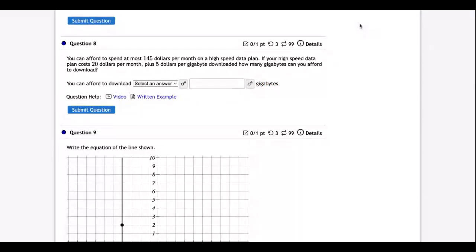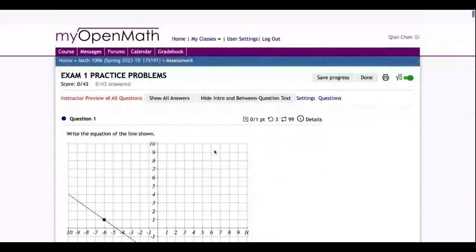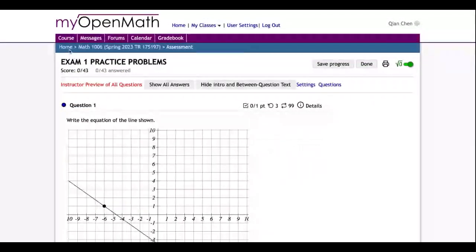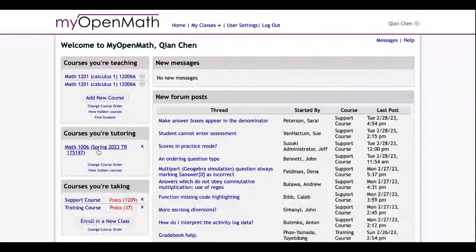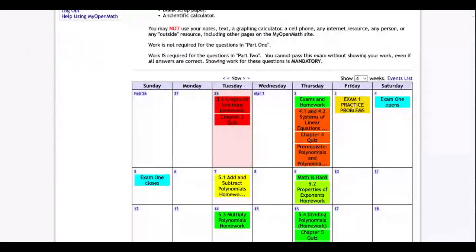Okay. Next question. This is practice exam 1 practice problems.